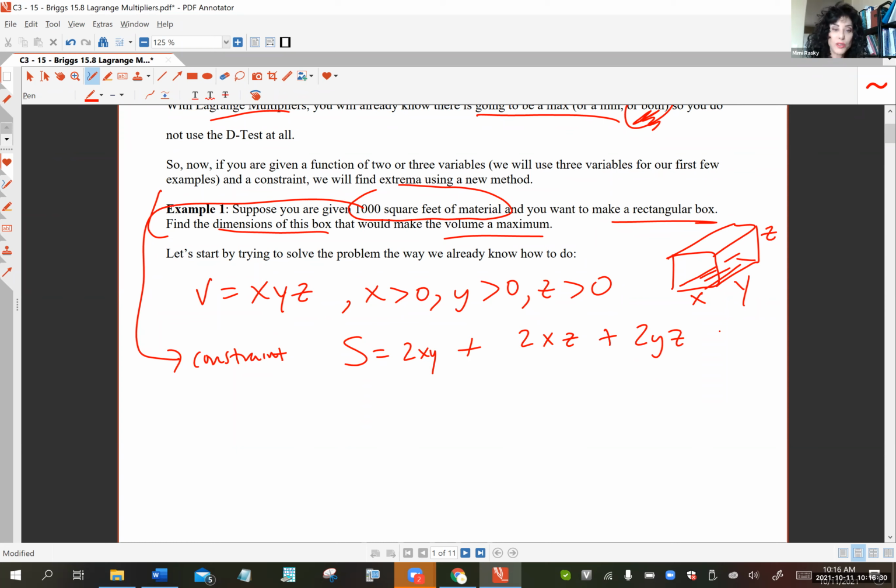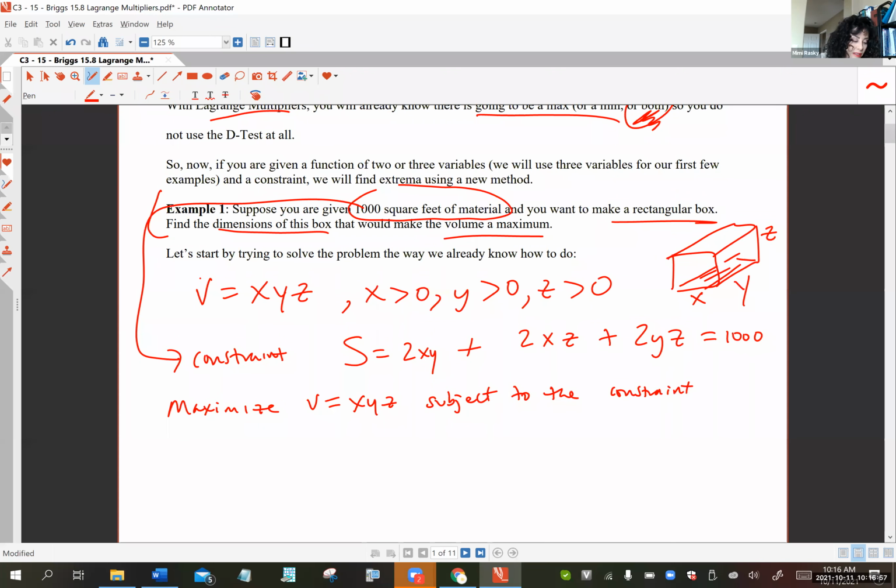And we want this surface area to equal 1,000 square feet. So this isn't the equation that we're going to do calculus on. This is an equation for the constraint. Okay, so now what? We want to maximize V, which is equal to xyz, subject to the constraint.